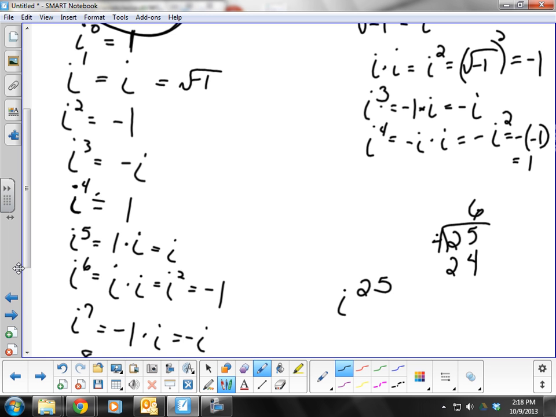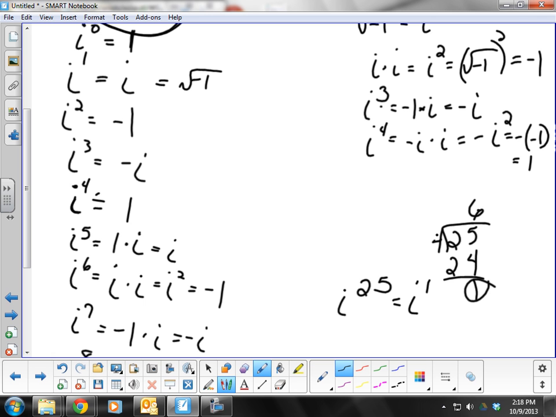My remainder is 1. So that means I've gone completely through the 4 steps 6 times, and then I've gone 1 more step. So that's the same thing as i to the 1st.